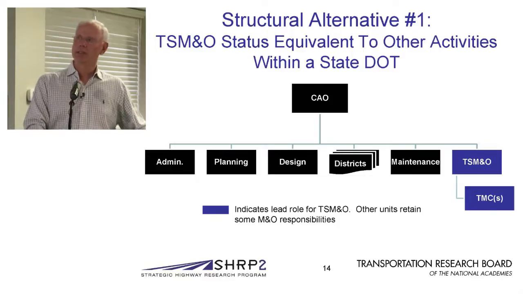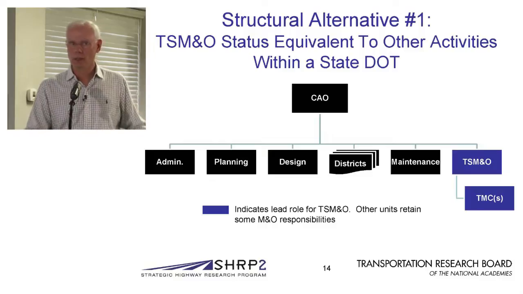This is an idealized state DOT organization, idealized from a TSM&O perspective at least, where it depicts TSM&O at the second level of the organization and at the same level as some of the more traditional functions, such as planning, design, maintenance, the districts, and so forth.